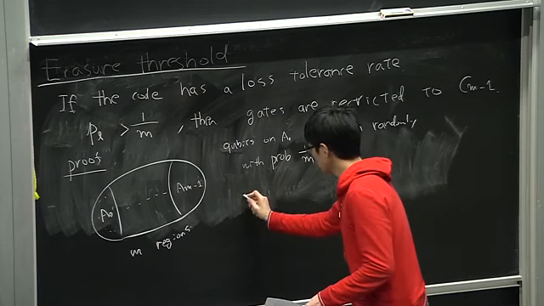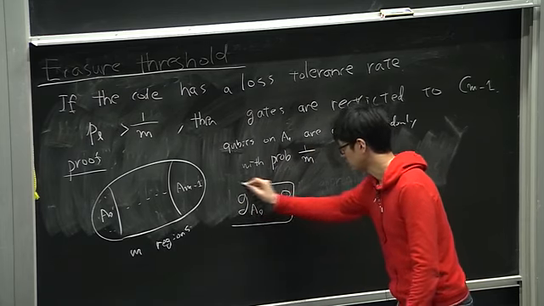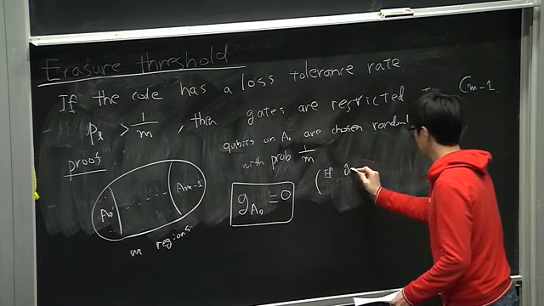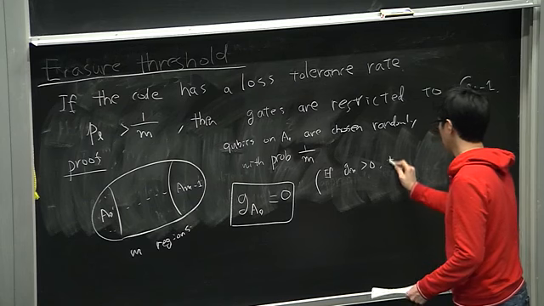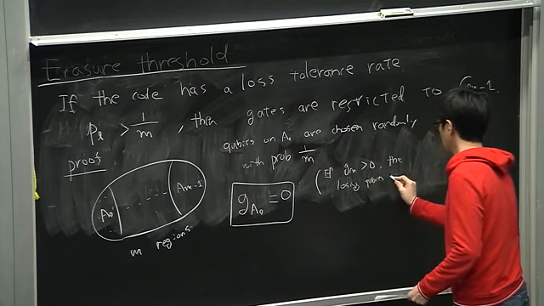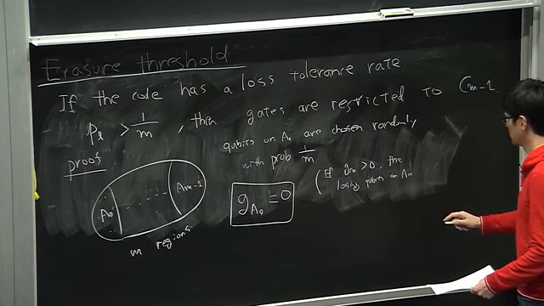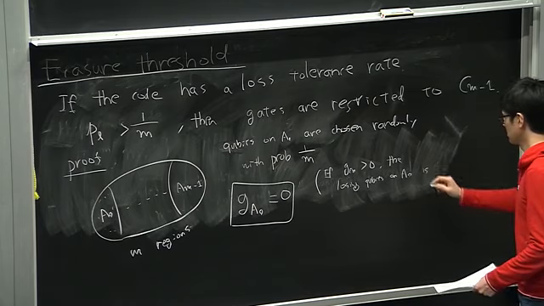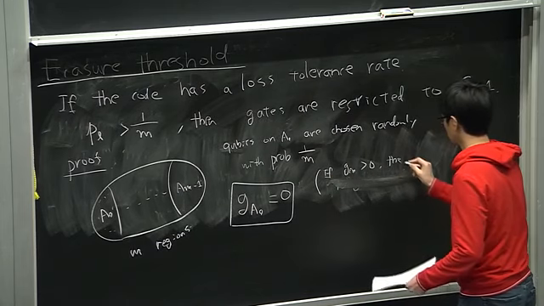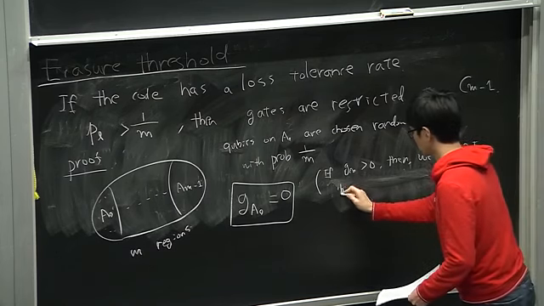Now let's ask if A0 can support a logical operator or not, and we claim that this must be equal to 0. Because if it did, then losing qubits on A0 would lose encoded quantum information.